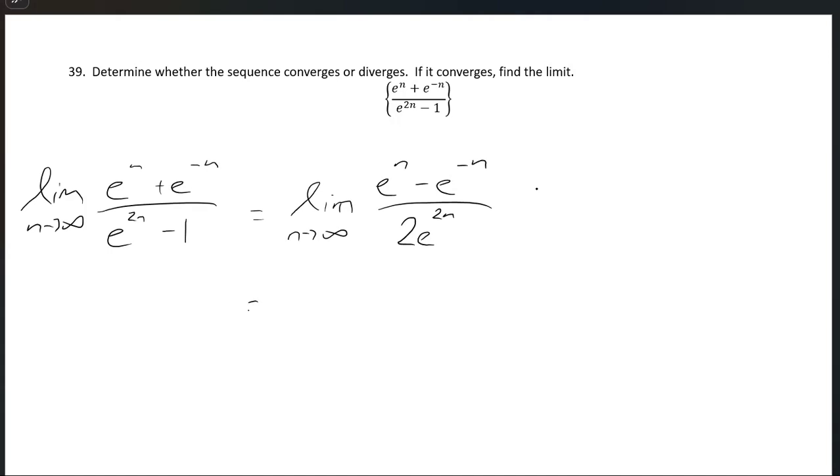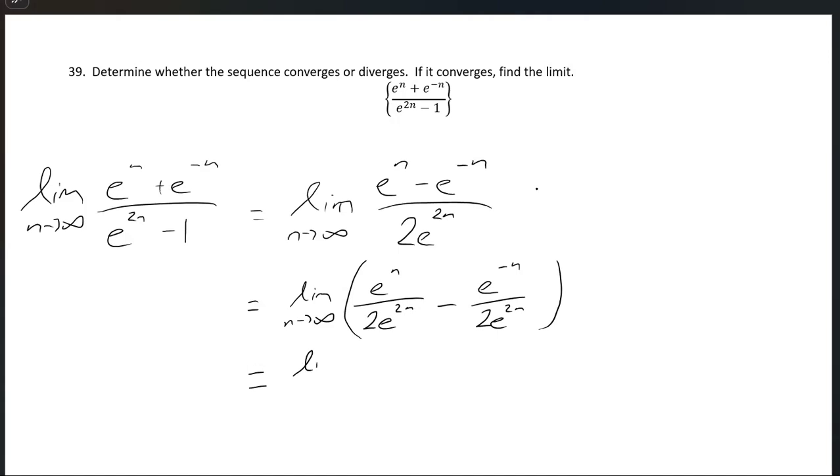Now, let us rewrite this a little bit. e to the n over 2e to 2n minus e to the negative n over 2e to 2n. I broke up the fraction. So we want to find this limit as n approaches infinity, or we can simplify a little bit. What is the first guy simplify to? We could also factor out a half if we really want to, but I'm not going to do that here. e to n divided by e to 2n, we subtract the powers.